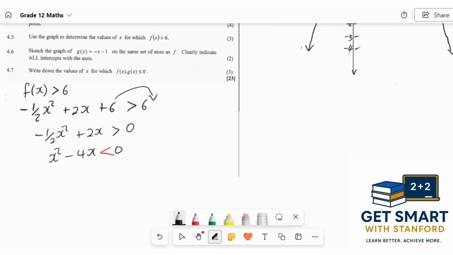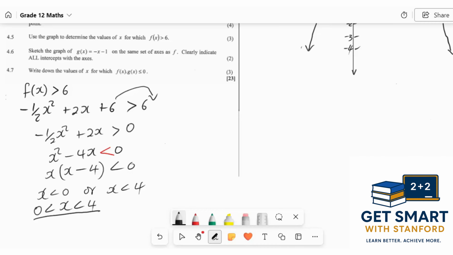So on the left hand side, we've got a common factor x, and we are left with x minus 4 is less than 0, x is less than 0, or x is less than positive 4. So we can express this in this way.